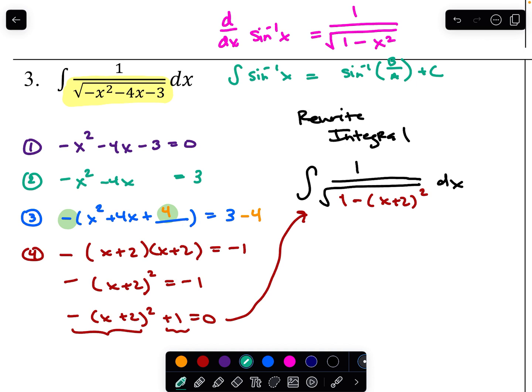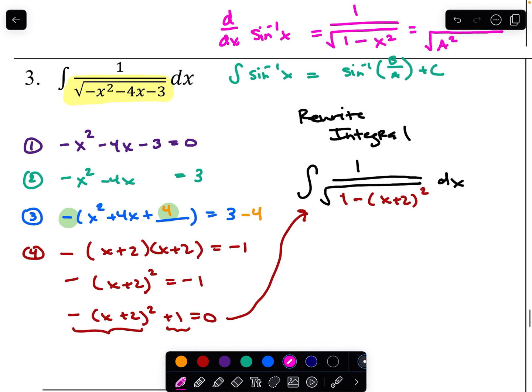The B value that we have, sorry, I was trying to change the color. That's going to come from underneath our radical here. So this is a squared and b squared. So that's going to come from that term that has the variable expression in it.